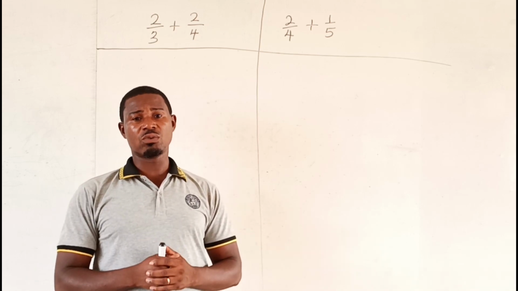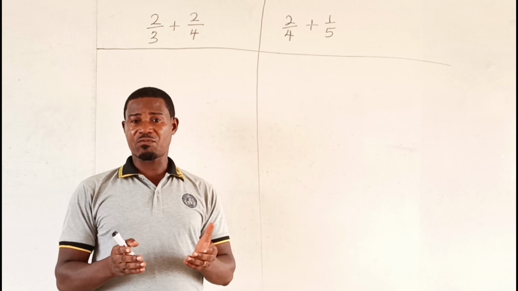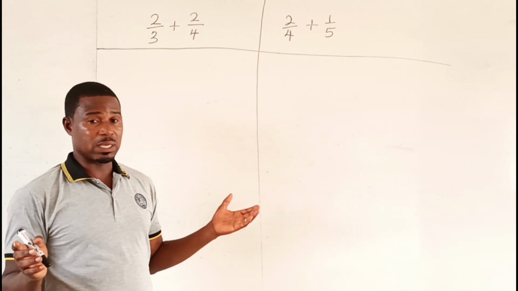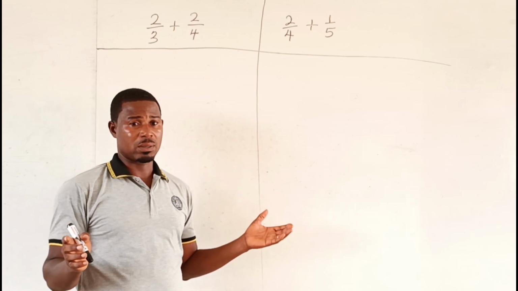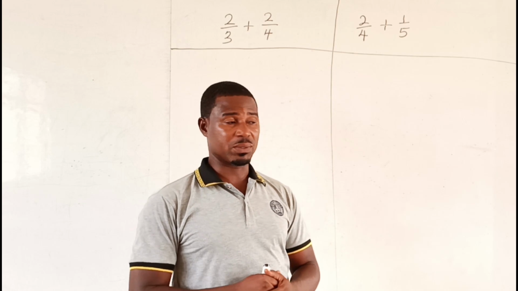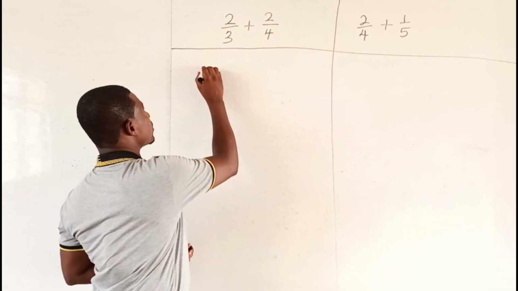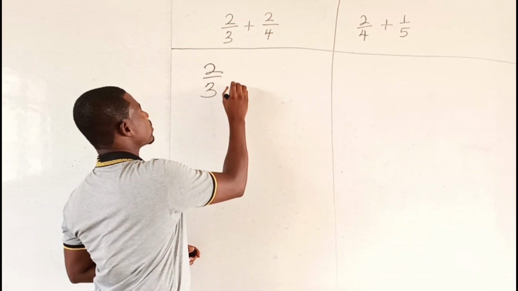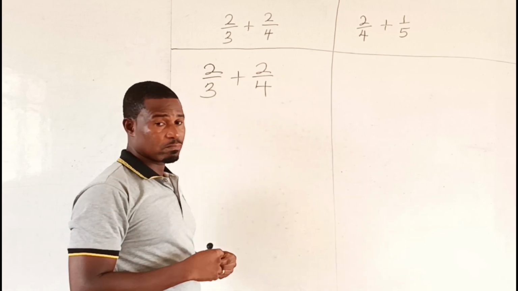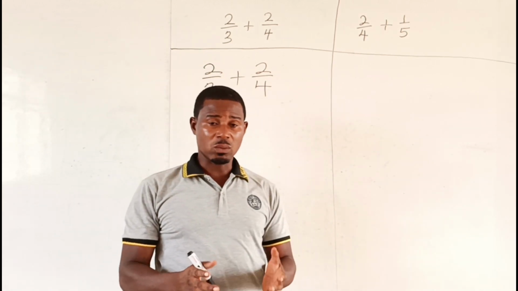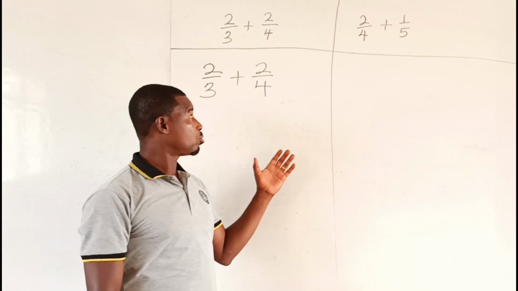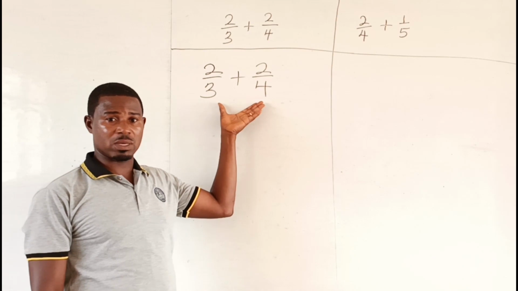We are going to add unlike fractions with none of them being the multiple of the other or a factor of the other. Let's see what happens. The question is, how are we going to use a diagram to solve this problem?